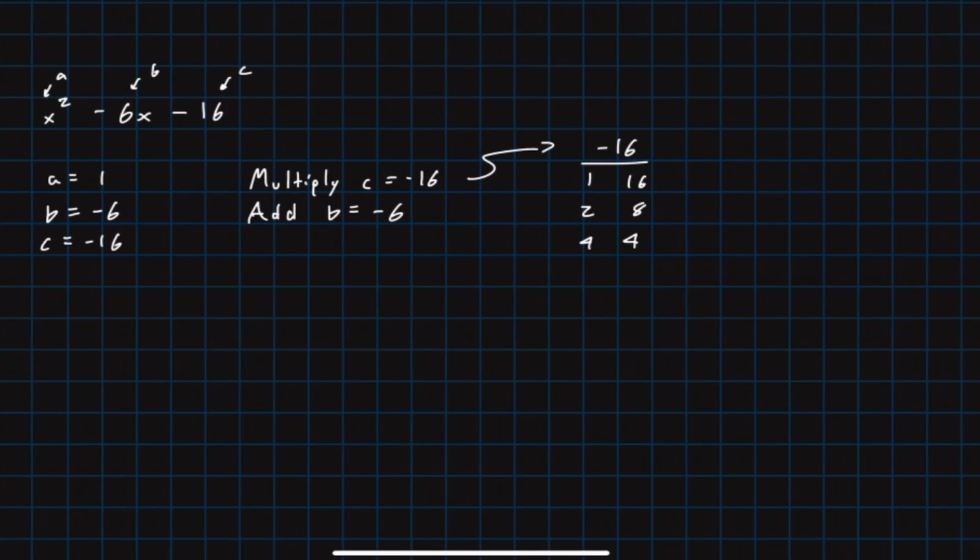Now, I haven't applied the negative sign to these factors yet because you can actually choose which one it needs to be applied to. So in this case, I can say negative 1 times 16, or I can say negative 16 times 1. Both of those equal negative 16. But where our negative sign applies actually matters for when we're adding to be our b term.